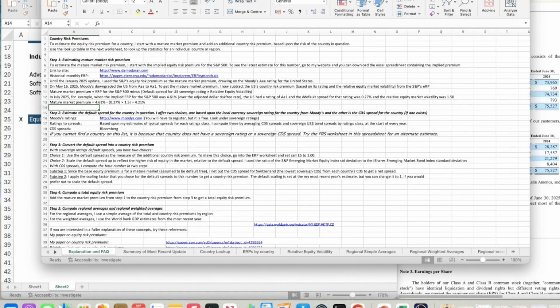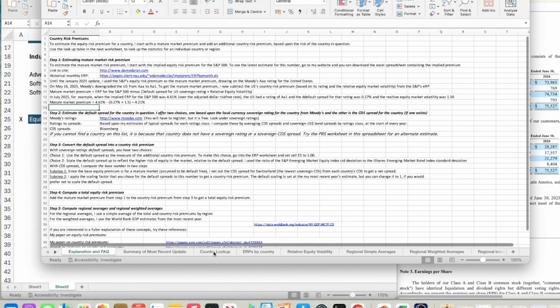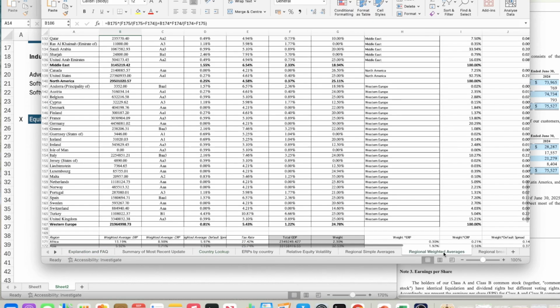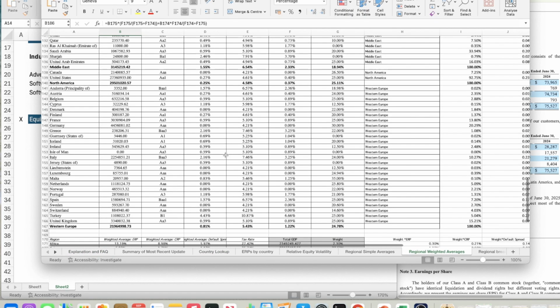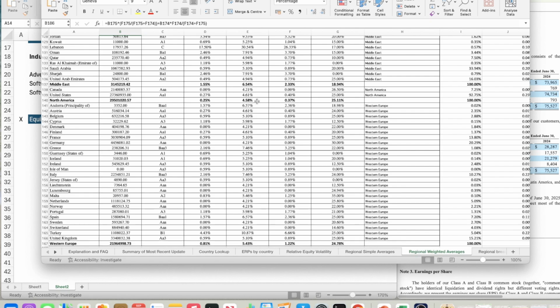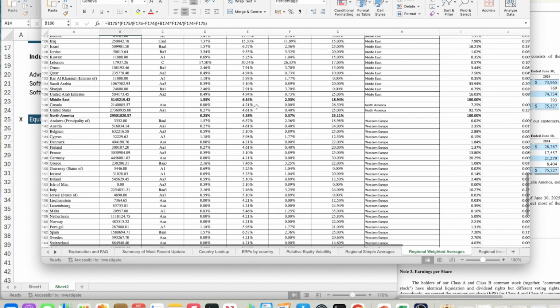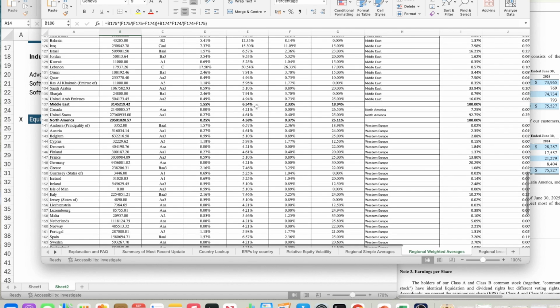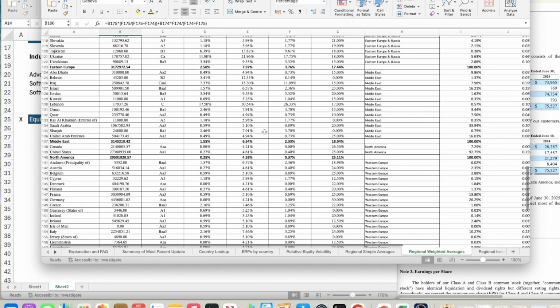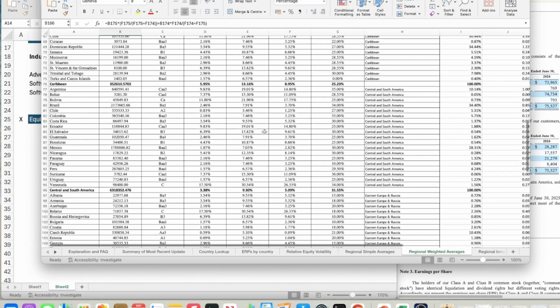Okay. So we pull up this spreadsheet and we go to our, let's see what we can get from here first. So, okay, great. We have a North American one, 4.58%, and this is weighted by GDP. Okay, great. That's good.